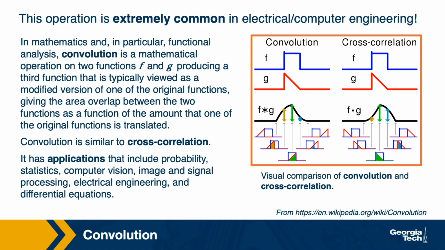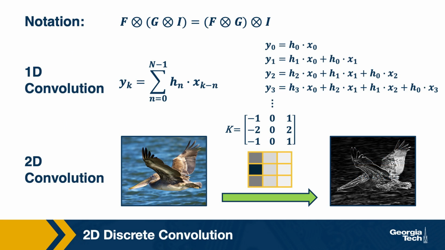And it's extremely common in various fields of study, including electrical engineering and so on. And it has a lot of deep mathematics behind it, some of which we won't really cover. And it's also related to something called cross-correlation, which we'll also discuss. But it has a whole wide range of applications. And so really the reason we frame this as a convolution operation stems from the history of where this type of layer came from. So what is a convolution?